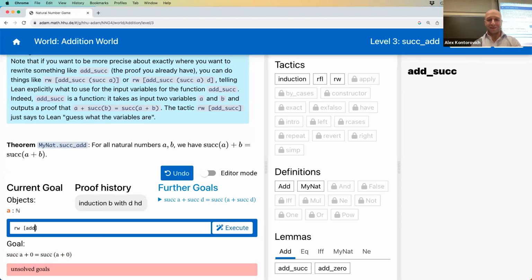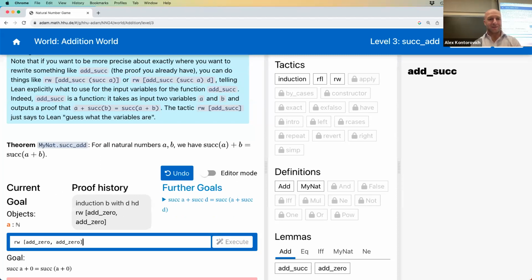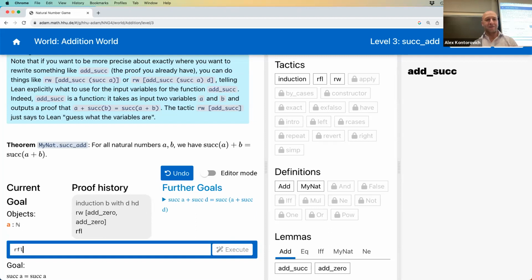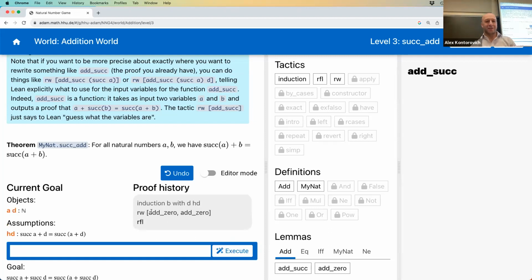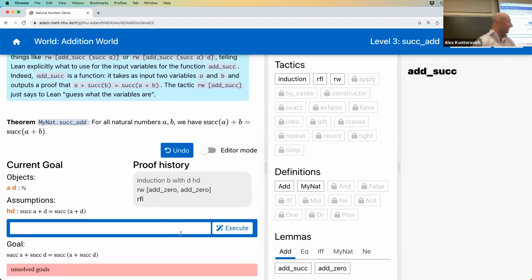Beautiful. Let's do add_zero, zero twice. And REFL. Should I scroll down? You can't see that. That's better. Assuming we have it for A and D, why is it true for the successor of D?